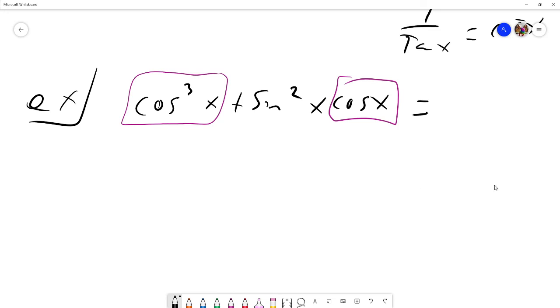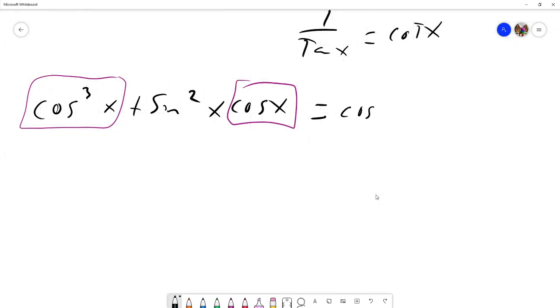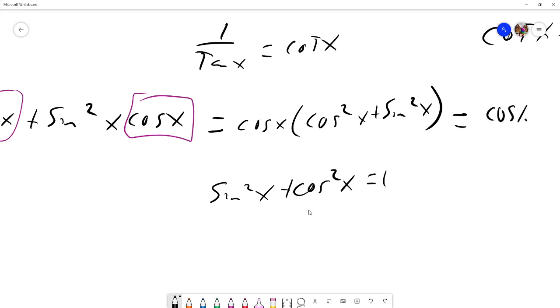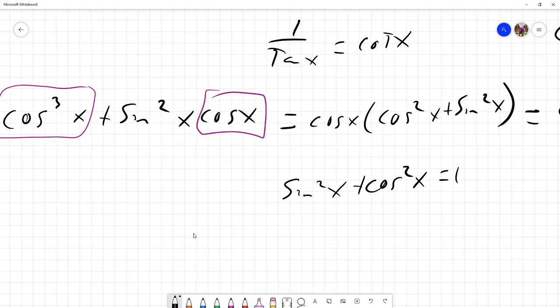This means we can factor out a cosine, and we get cosine x times the quantity cosine squared x plus sine squared x. Oops, we should make that a parenthesis. And if we recall, sine squared x plus cosine squared x is equal to 1. Therefore, we just get cosine x. So that was relatively easy there.